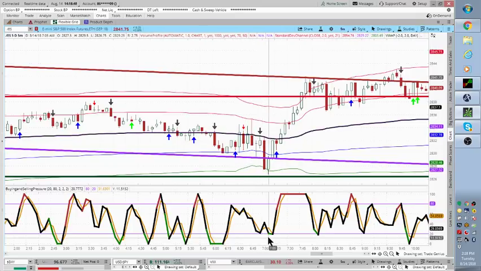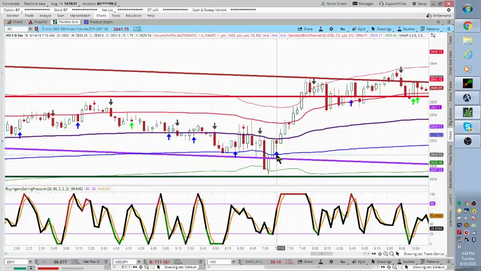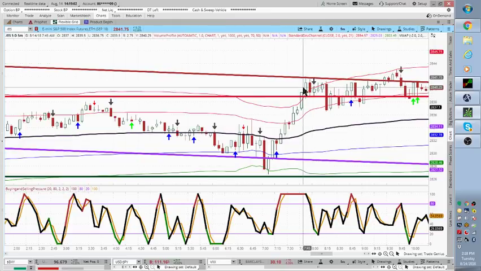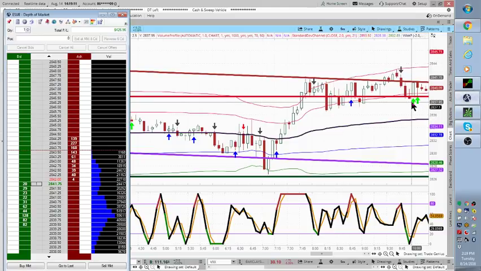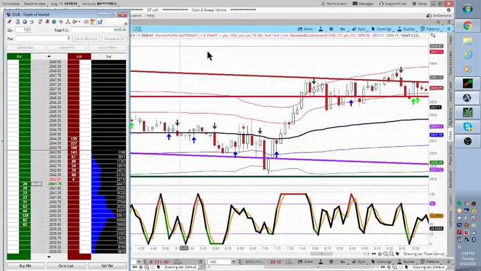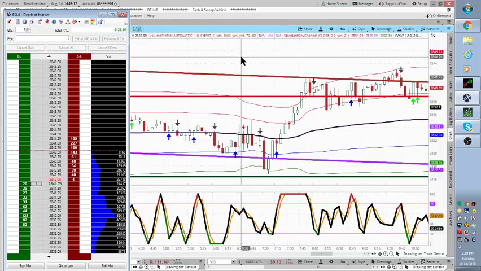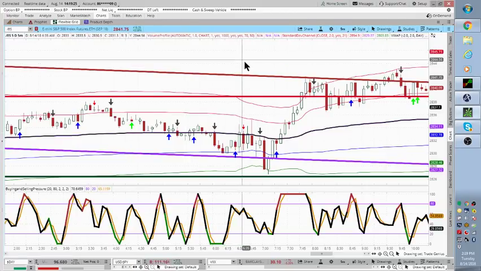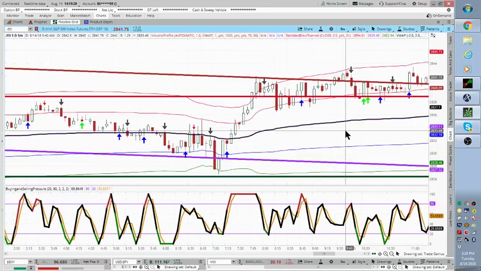It went down again. Green went to black. I bought it, got a confirmation from the stochastics, entered somewhere in this area, and rode it up pretty much to the R2 area. And my day was pretty much done. The result is plus $426 for the day, just a couple of trades in and out, boom boom, and this is a $100,000 day. What I don't do is try to counter trend if I can avoid it.